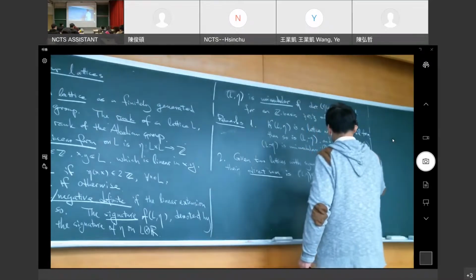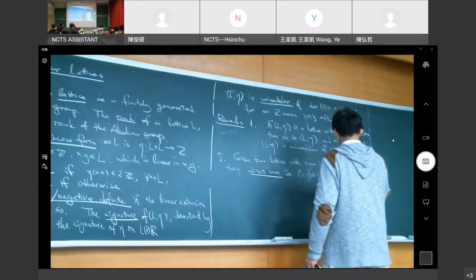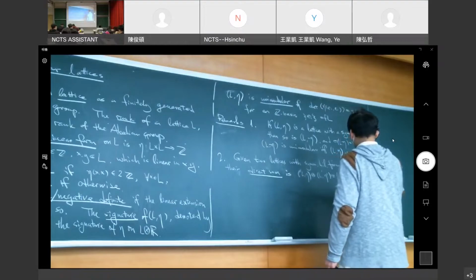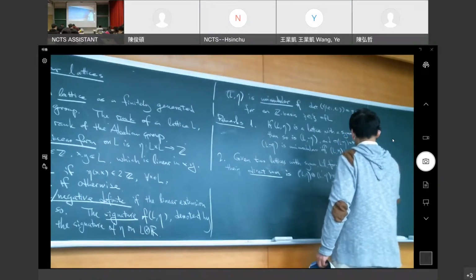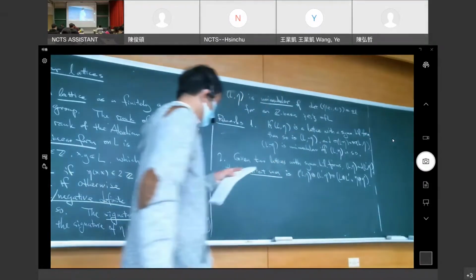This is defined as you take the direct sum of two abelian groups and then you put together the two bilinear forms in the diagonal way.